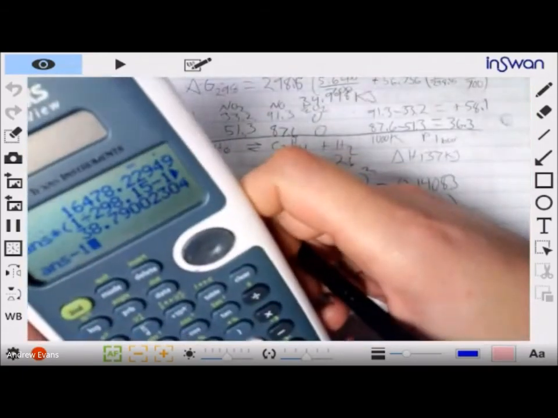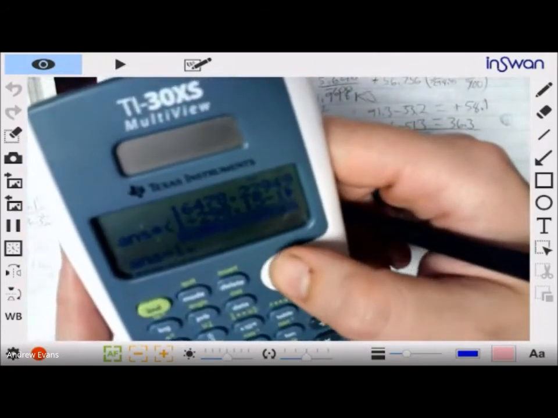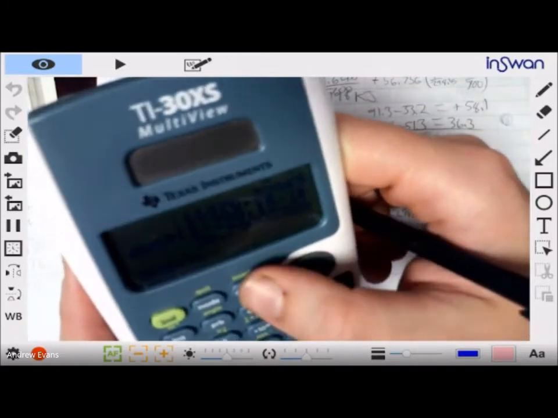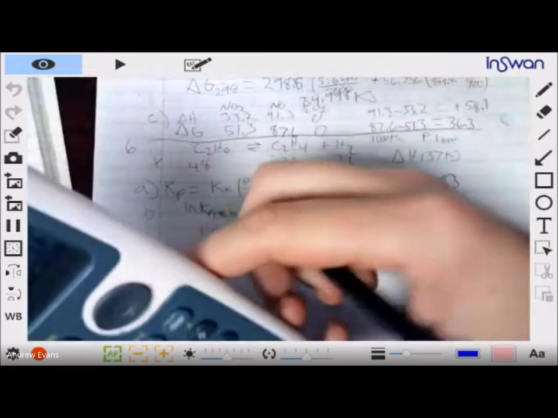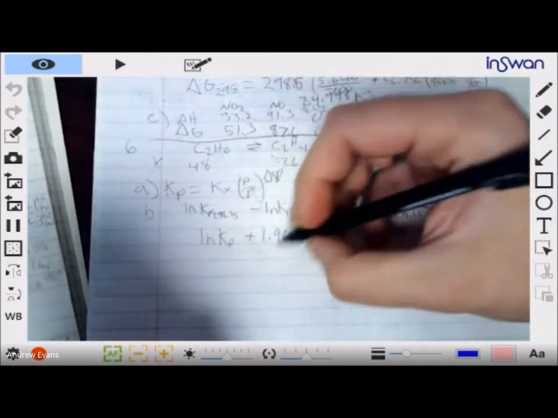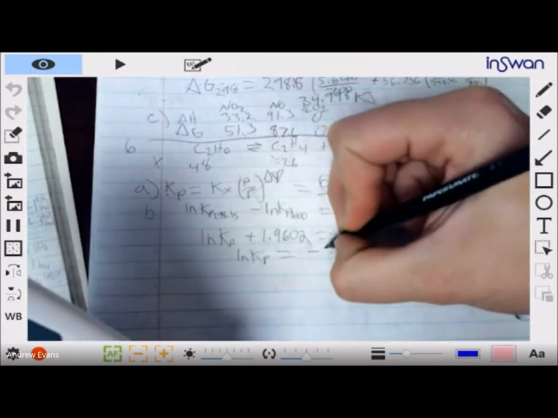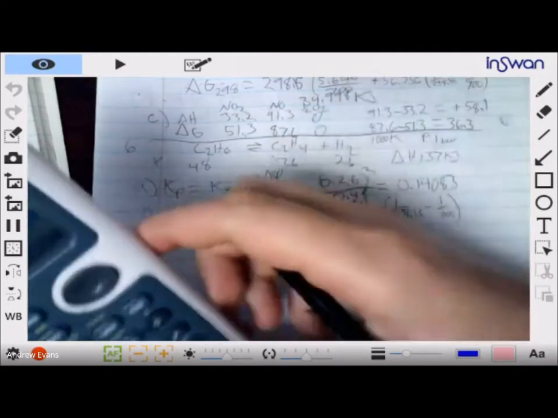When I subtract 1.9602 from both sides, you get ln Kp equal to negative 40.7502. And then we have to do the inverse log.